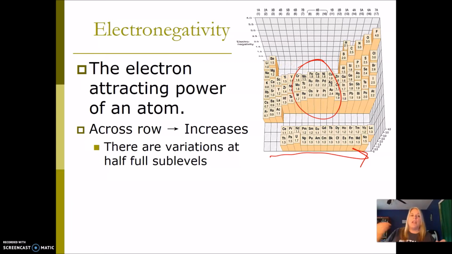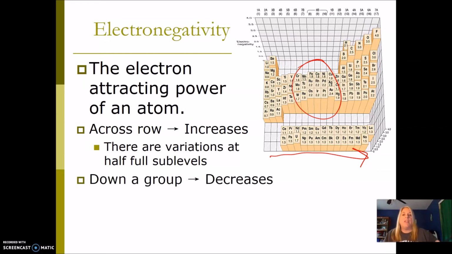But in general, as we go to the right, electronegativity increases because we're getting closer to having that full octet. As we go down this way, and don't write this on your periodic table, it actually decreases. That's because you have so many electrons.